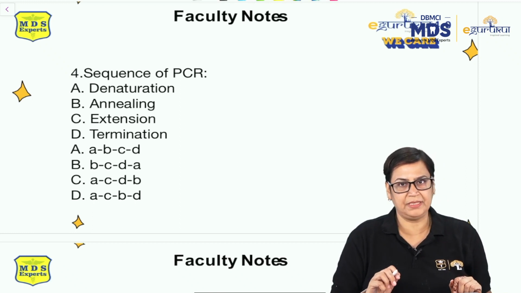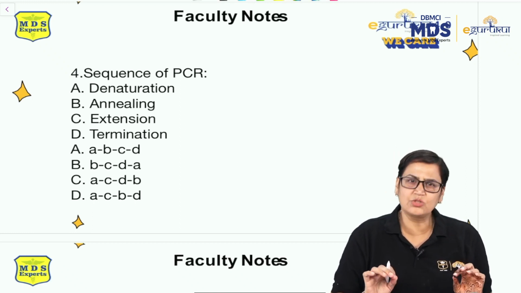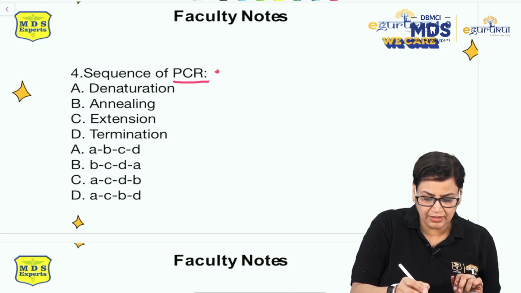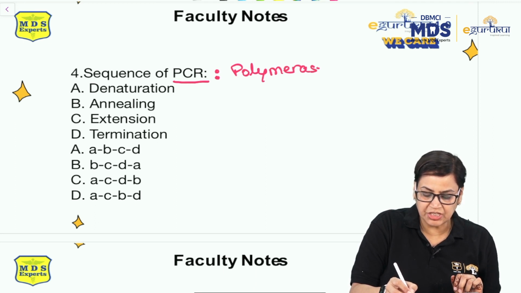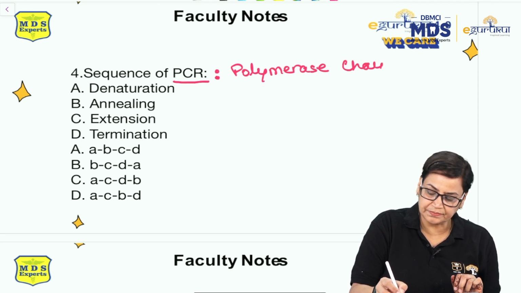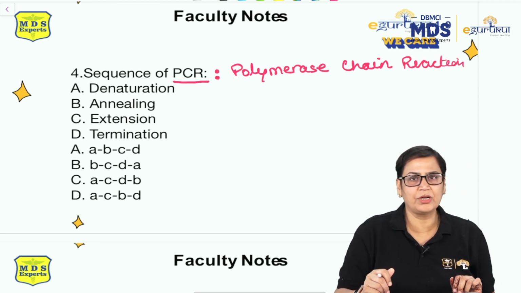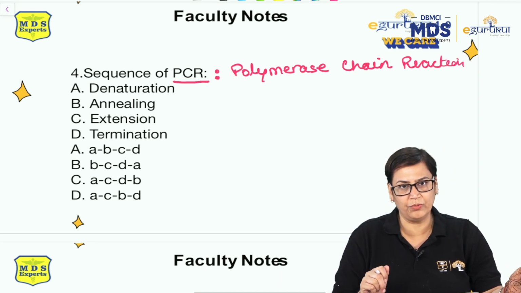Sequence of PCR. Now this is also a very important question. PCR, we know that it stands for polymerase chain reaction. It played a very, very important role during the time of COVID.